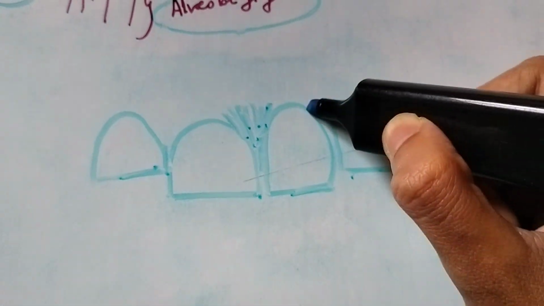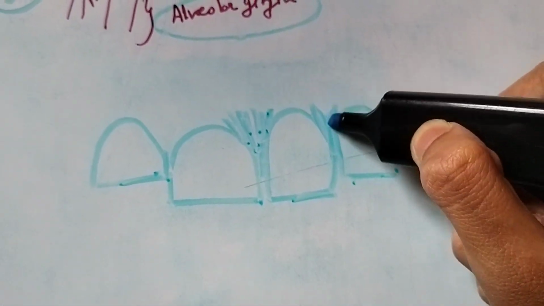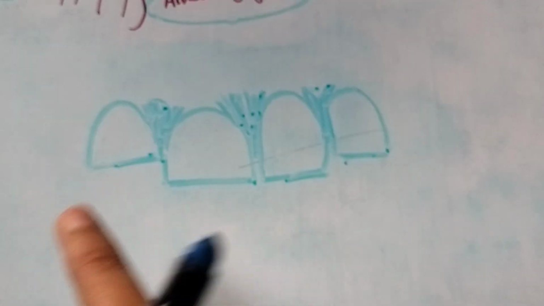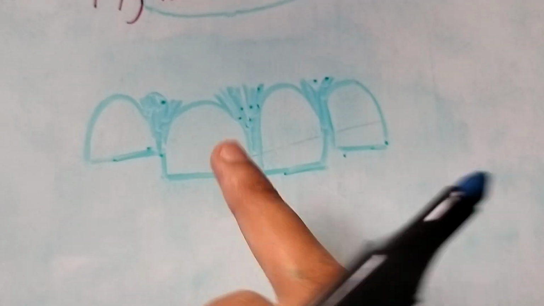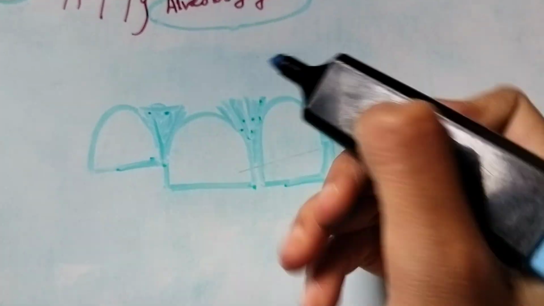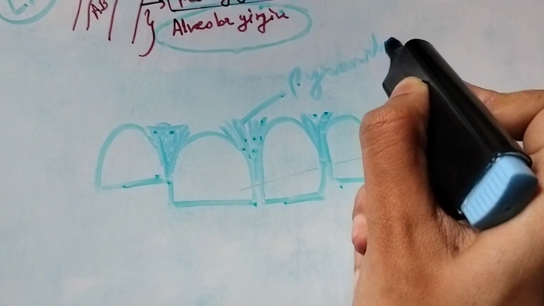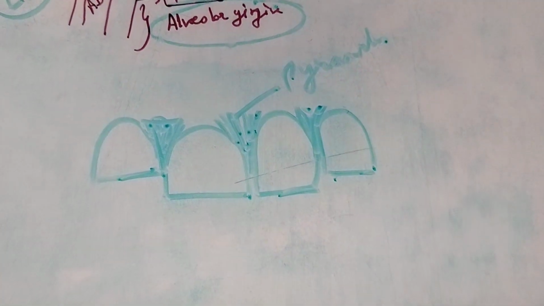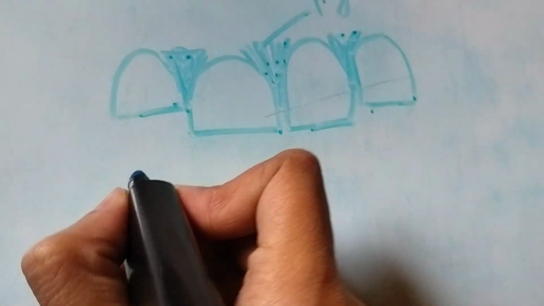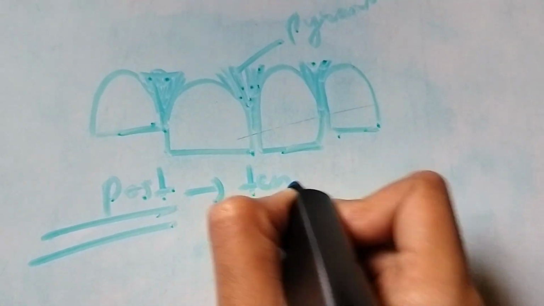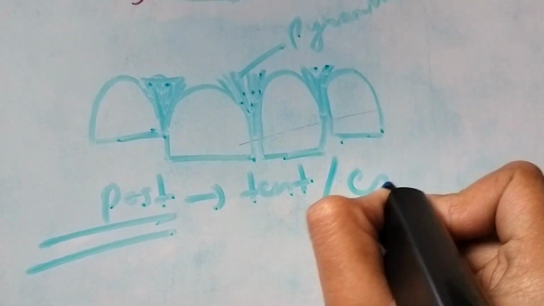This gingiva is called the interdental gingiva, and in the anterior teeth it is pyramidal in shape, and in posterior teeth it is tent-shaped or cone-shaped.